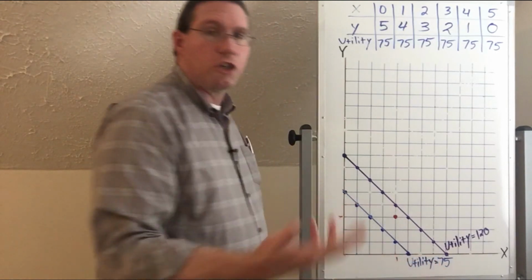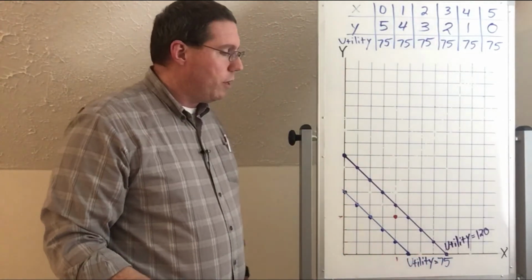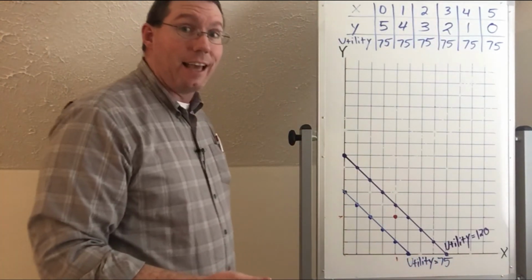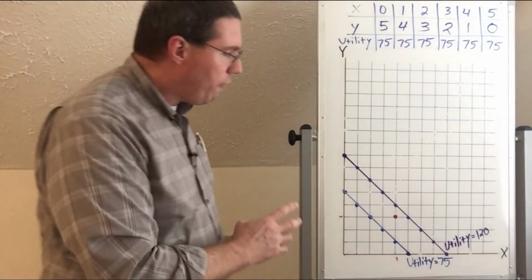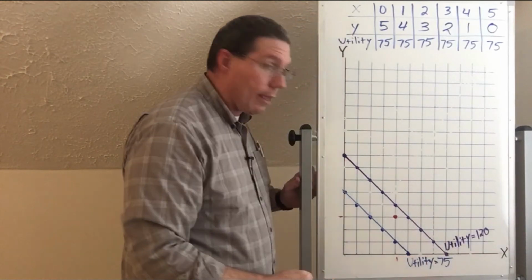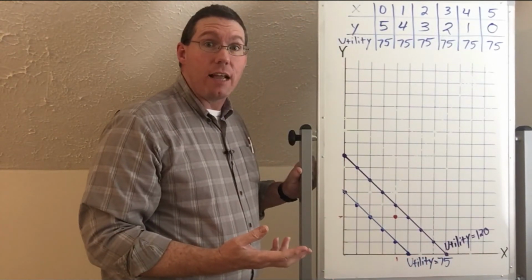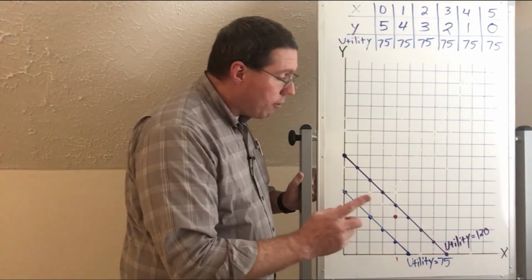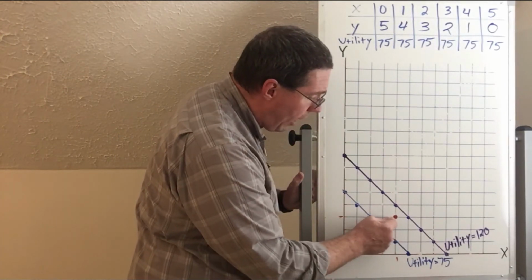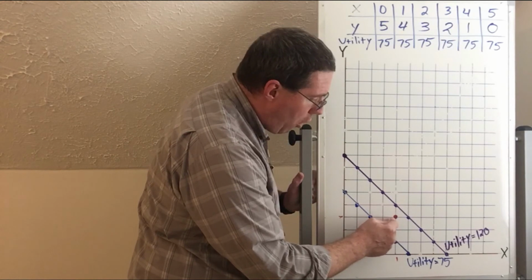Well, of course, we can just go to the table that we made and figure out exactly how much utility. But what if we didn't have the table? What if all we had were the lines? Well, we can still understand something about this combination of products. Do you see how that dot falls between?